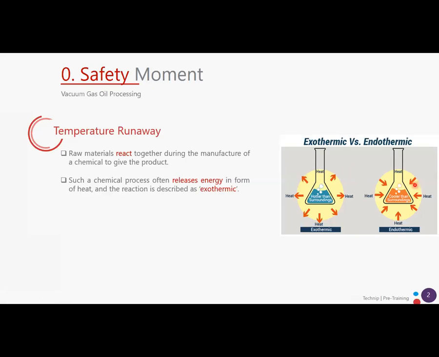Remember this: in the exothermic, the heat goes to the surroundings; the endothermic needs heat to proceed with the reaction. A reaction may be exothermic even if you have to heat the reaction mass initially to get the reaction started.